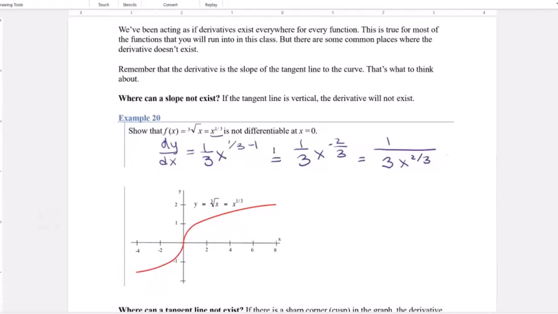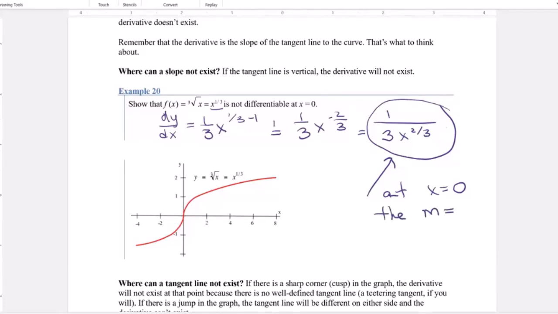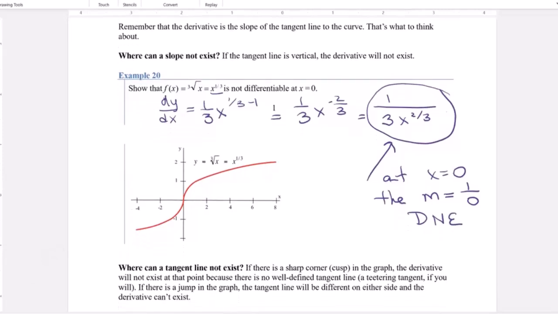We don't have to turn it into a radical. If this is my derivative, it is not differentiable at x equals 0, because at x equals 0, the slope is equal to 1/0, which does not exist and is not differentiable.